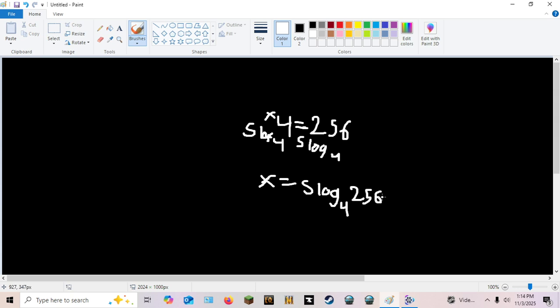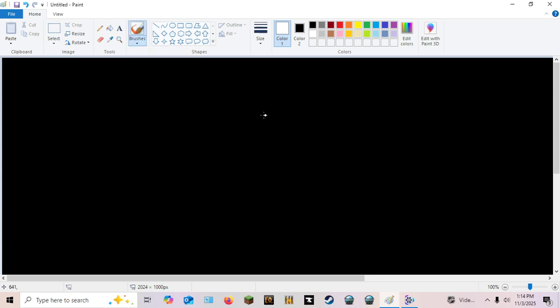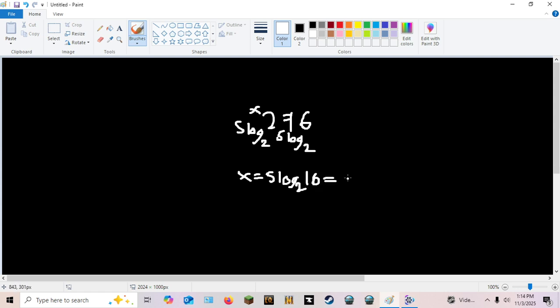I know that 4 tetrated to 2 equals 256. One last example. 2 tetrated to x equals 16. I gotta take the slog base 2 of both sides. And then x is slog base 2 of 16, which equals 3. That means x is 3.